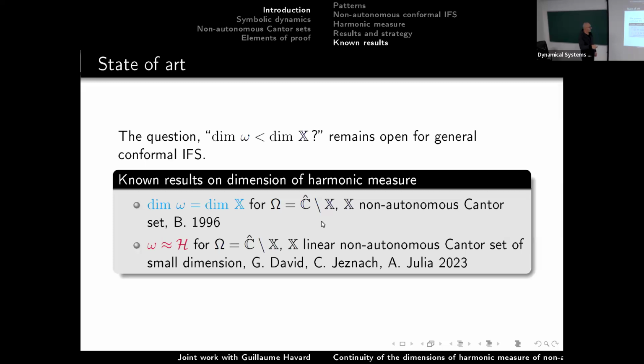Now, there is an example of David Pesna, the promise right, and Julia last year, in last year's paper, where they constructed a Cantor set of small dimensions, where the 2 measures are equivalent.